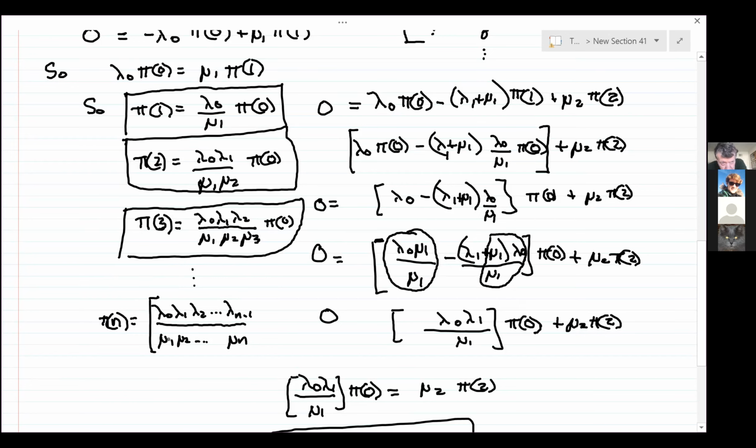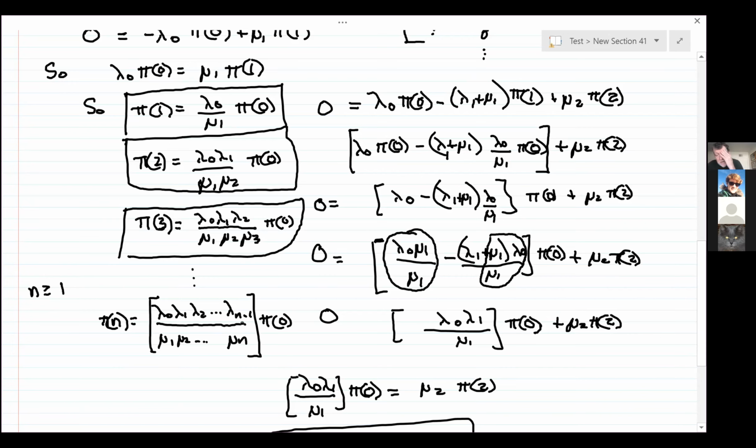If you take all of that and multiply it by pi 0, you should get pi n, where n is greater than or equal to 0, right? Well, I guess we got to be careful. Greater than or equal to 1. That's really what we've done. So we're saying the same pattern persists.